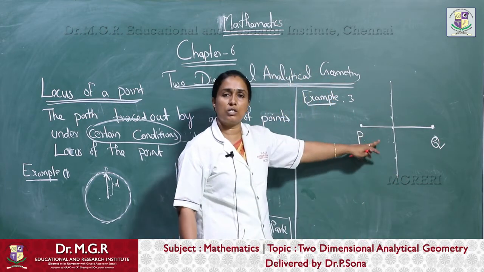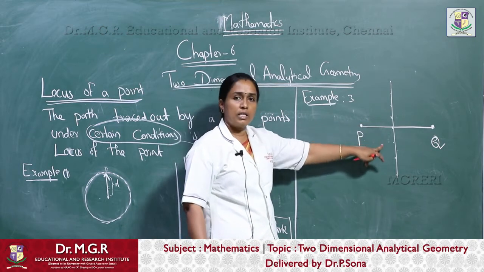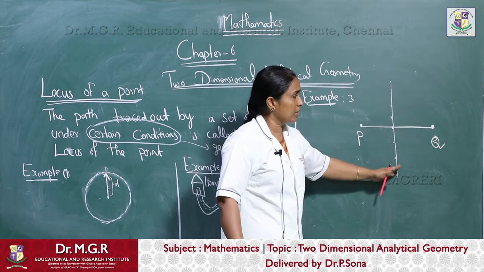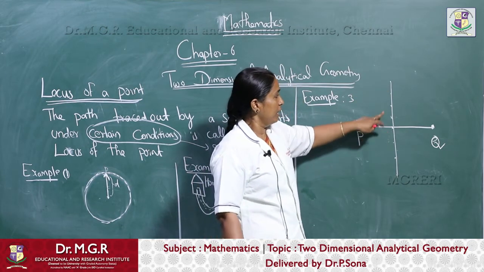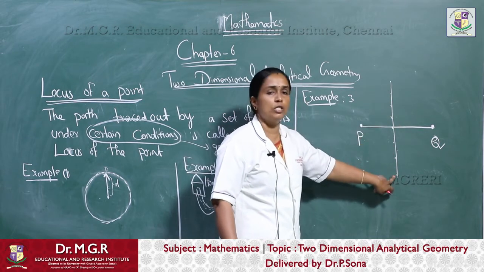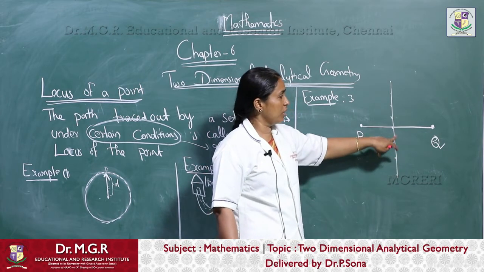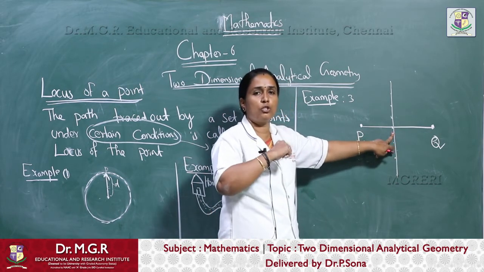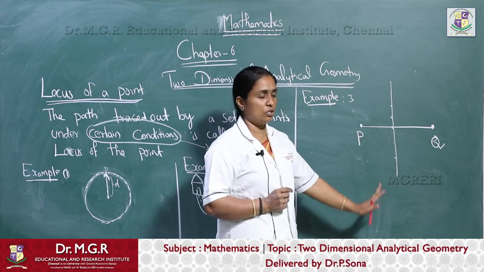You see, this is the perpendicular bisector of this line. Here these are the set of points, and the path traced out by these points is called the locus. So the locus of the point which is equidistant from the two points P and Q is the perpendicular bisector. This is one example.